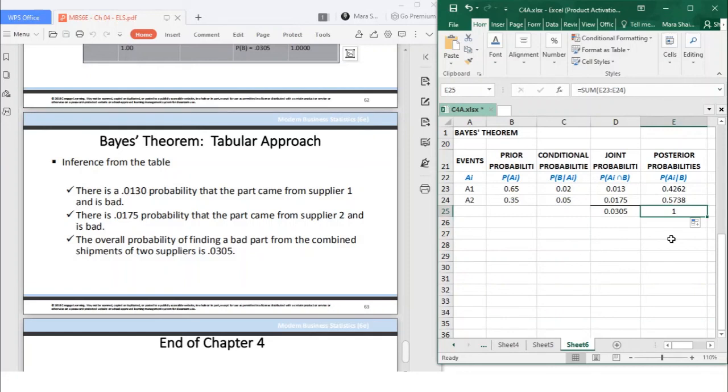Going back to our very first equation for the complement of an event, their probability would always equal 1. So the sum of your posterior probabilities would always be equal to 1. So that is the end of Bayes theorem.